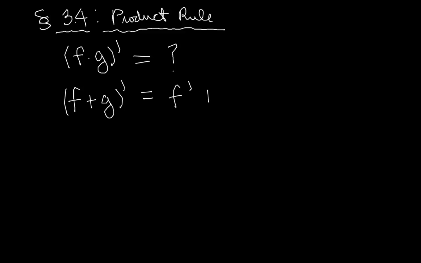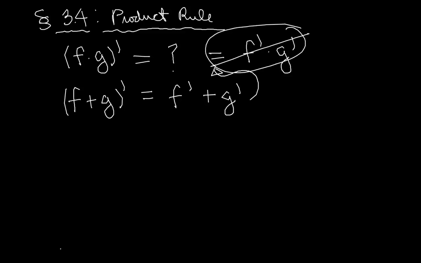It's just f prime plus g prime, the sum of the derivatives. And so this might lead one to think, well, maybe the derivative of f times g is just f prime times g prime. Turns out that that's completely wrong, and that's not what it is at all.